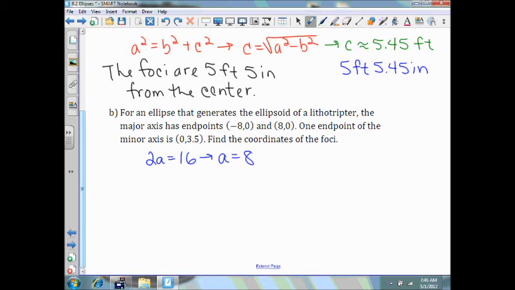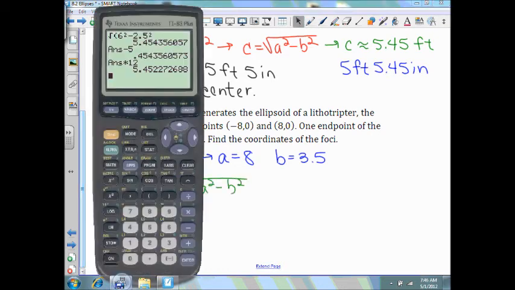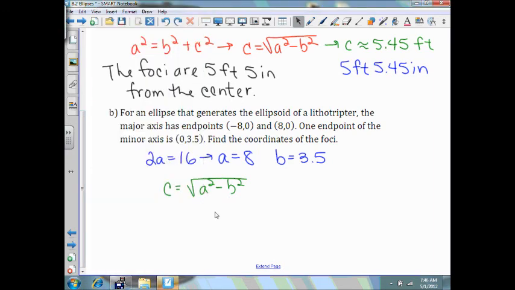That means B equals 3.5, so C from above will be the square root of A squared minus B squared. So I take the square root of 8 squared minus 3.5 squared. That'll give us 7.2, so that would be 7.2 units.